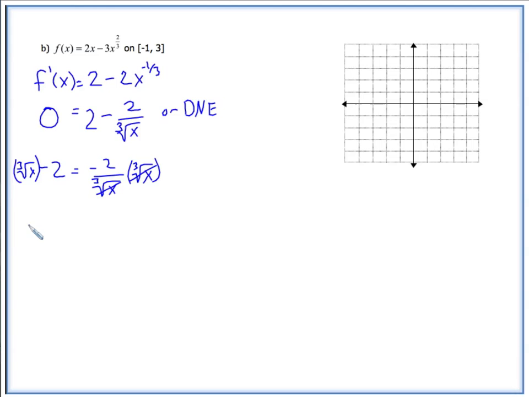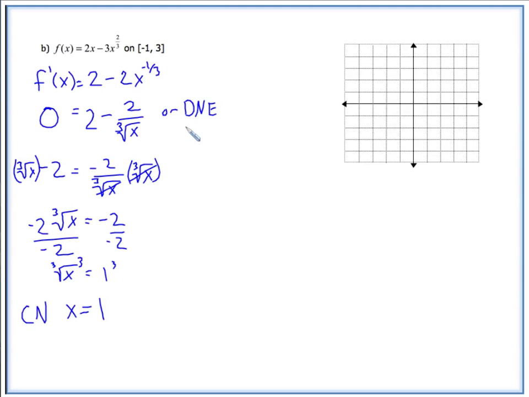So we have -2 times the cube root of x equals -2. And we'll divide by -2. Cube root of x equals 1. And if we cube both sides, we see that x equals 1. Now 1 is in our domain, and so this is a critical number.